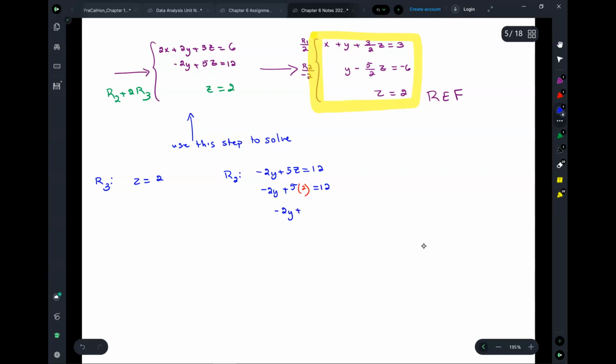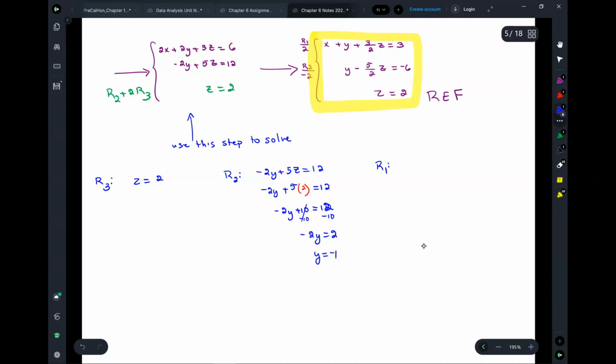Negative 2y plus 10 equals 12. Minus 10, minus 10. Negative 2y equals 2. y is negative 1. Look, this is like algebra 1. Now I go to row 1.